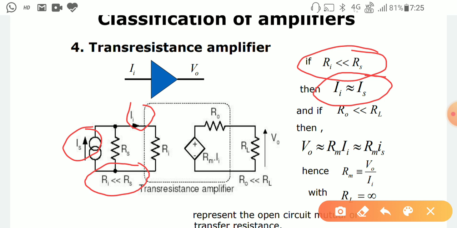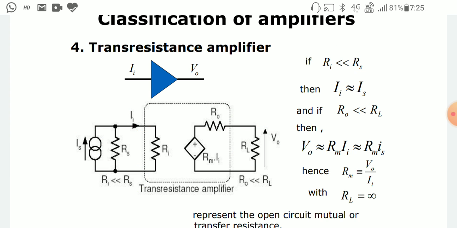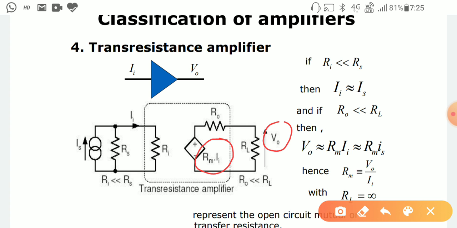Now for the output side, here you have to get the maximum voltage, that is the RL will be the maximum one. When will it happen? When at R0 no voltage drop occurs. So that time you can conclude that V0 is equal to Rm into Ii, and that one represents the induced one.